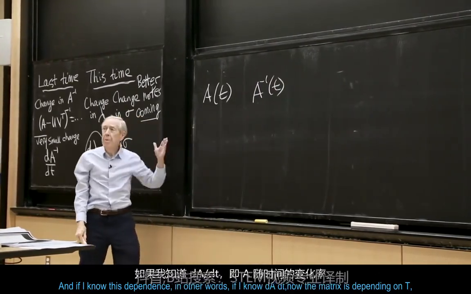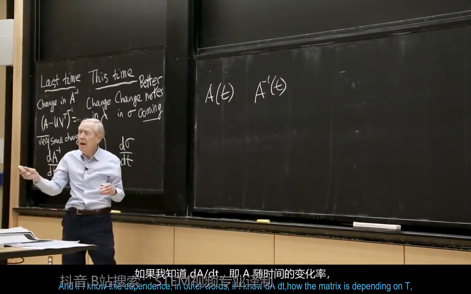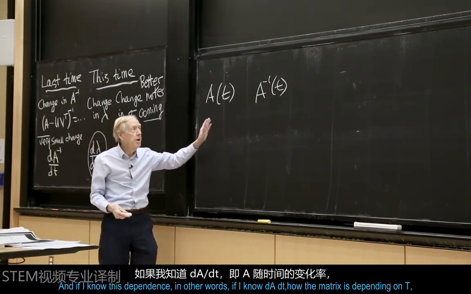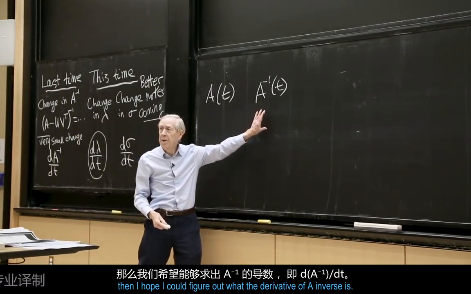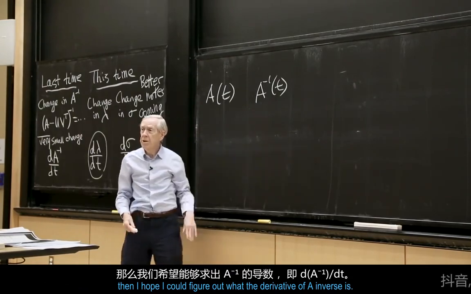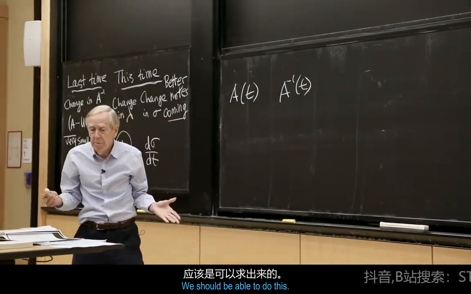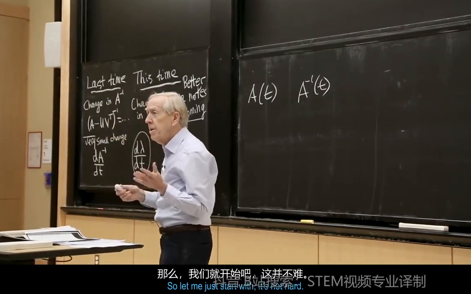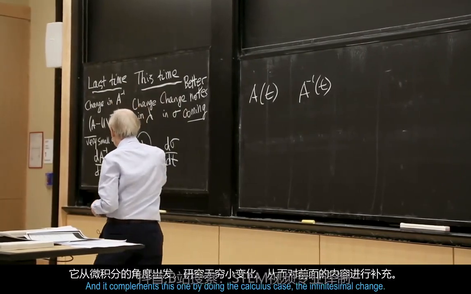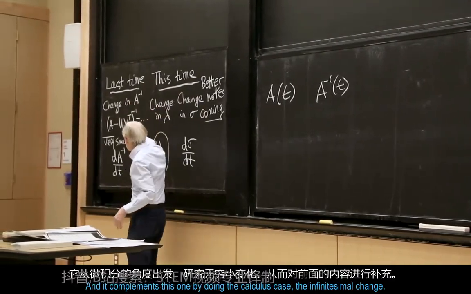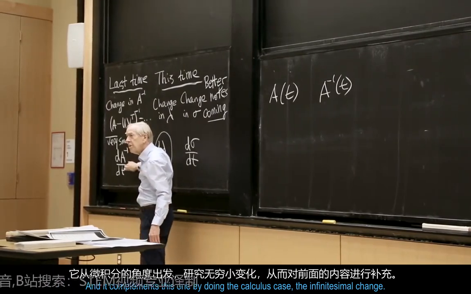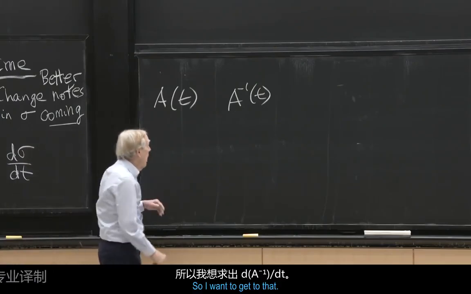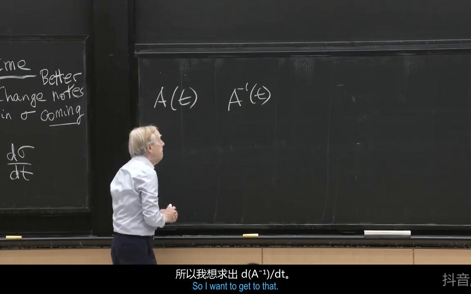And if I know this dependence, in other words, if I know dA dt, how the matrix is depending on t, then I hope I could figure out what the derivative of A inverse is. We should be able to do this. It's not hard, and it complements this one by doing the calculus case, the infinitesimal change.